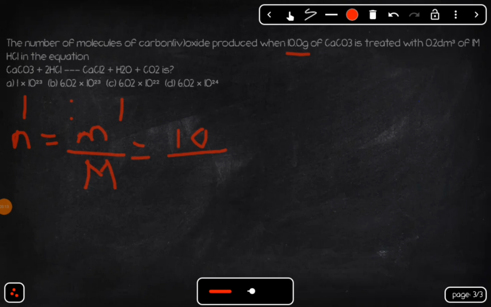Calcium is 40, plus carbon is 12, plus oxygen is 16, so it will be 16 multiplied by 3. Good.